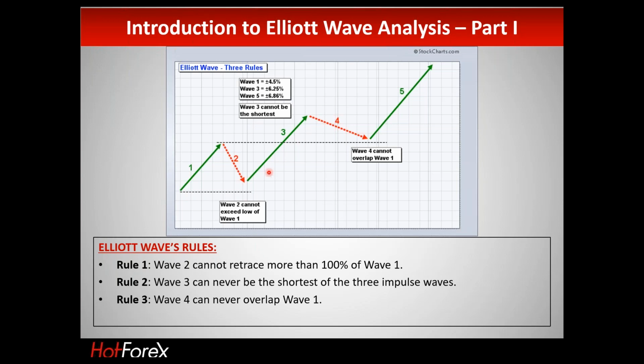Rule number 2: wave 3 can never be the shortest of the 3 impulsive waves, it can never be shorter than the 5th and the 1st wave. Typically, as I said before, it is the longest of the 3 impulsive waves, longer than the first and the fifth one.